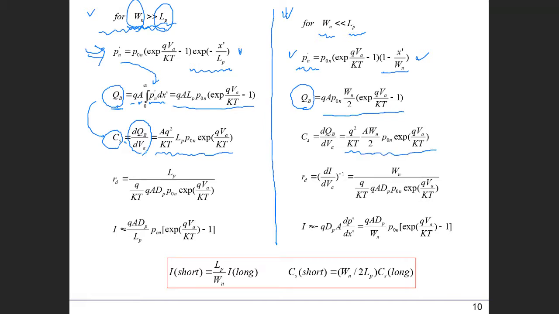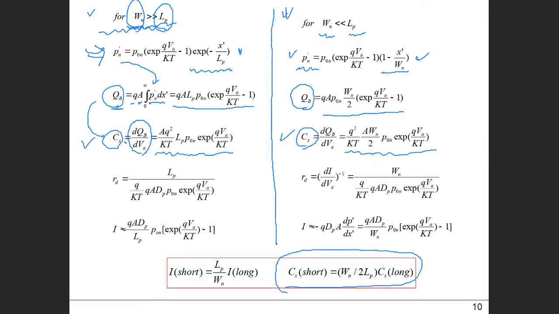Now, if we compare the capacitance, the left side and the right side, we have this kind of relationship.